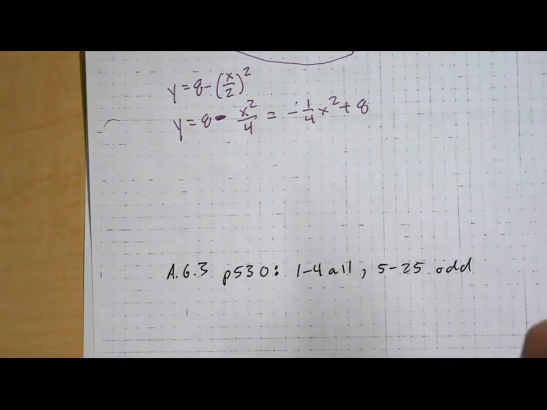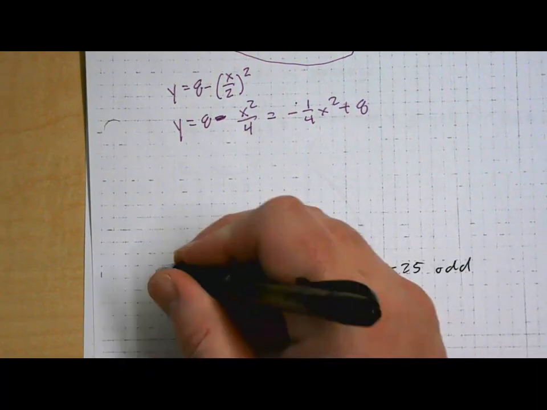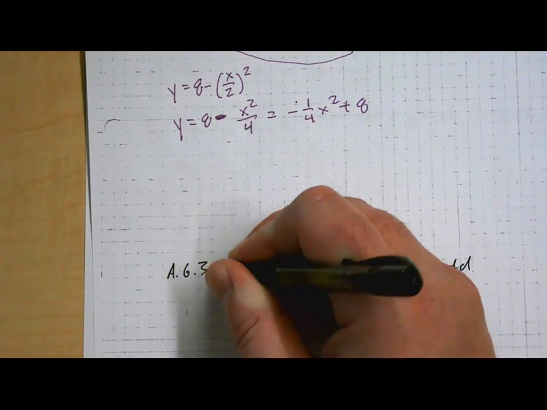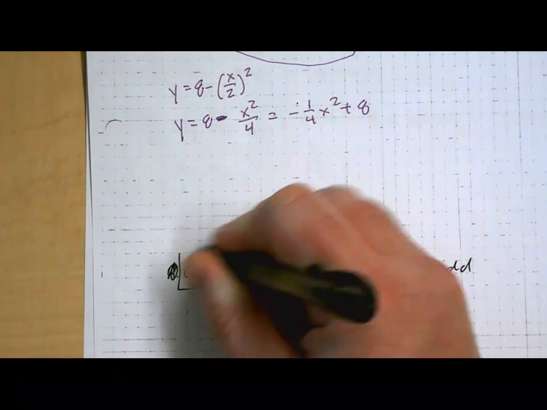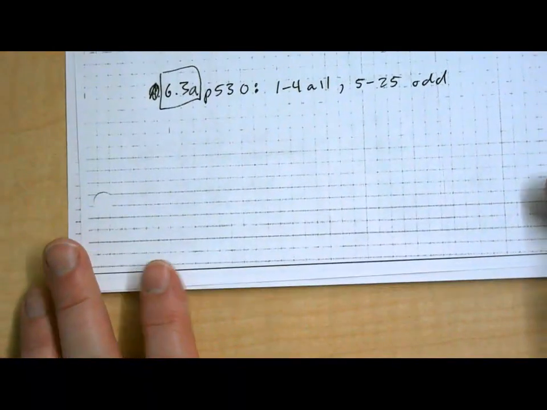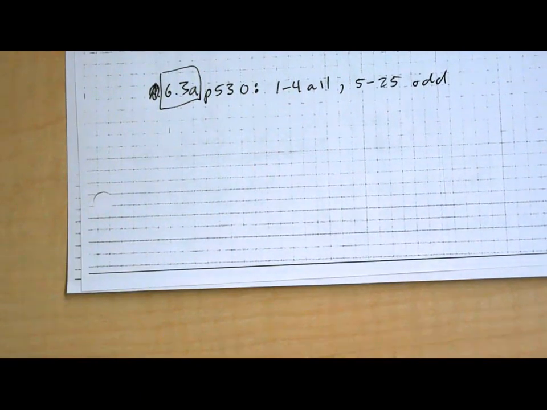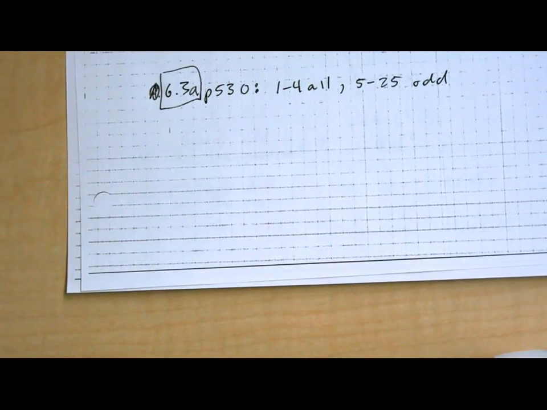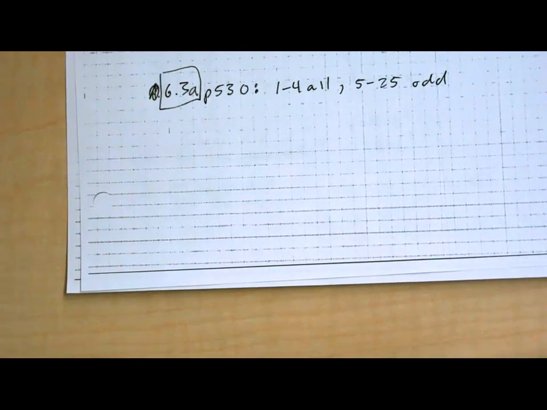I don't know why I wrote it as A 6.3. Oh, assignment 6.3. Let's call this 6.3A because we are going to have a couple 6.3 assignments. 1 through 4, all 5 to 25 odd. We're going to look at a couple of these together. I'm going to get you started on them. So I'll put the book up here in just a moment.